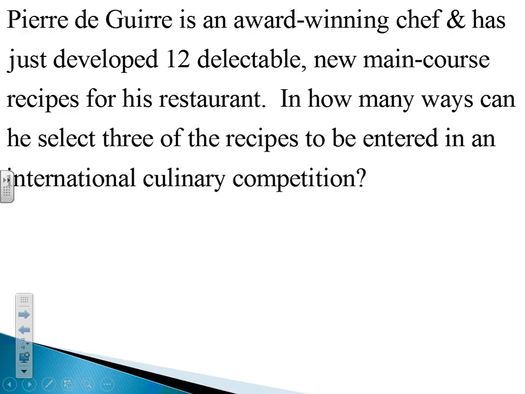In how many ways can he select 3 of them to be represented in the culinary competition? So again, we want to know the total number of things here. In this case, the total is 12 delectable recipes, but out of the 12, he can only submit 3 of them, which, wow, if you have 12 great things, how do you pick only 3 to represent you as a chef?